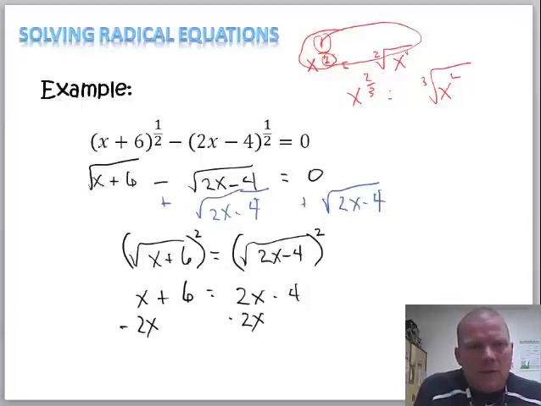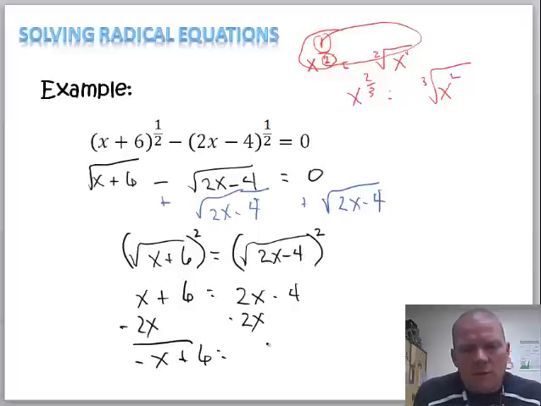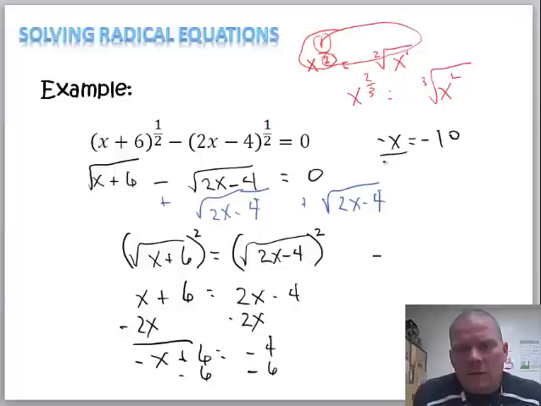And that gives us negative x plus 6 equals negative 4. And then I subtract 6 from both sides. And that gives me negative x equals negative 10. And then divide by that negative 1. It gives us x equals 10.